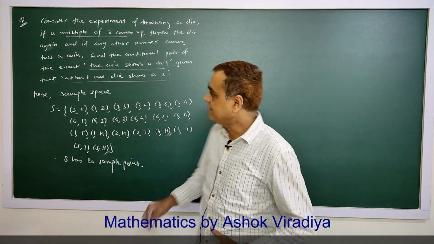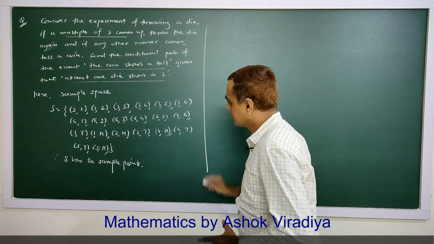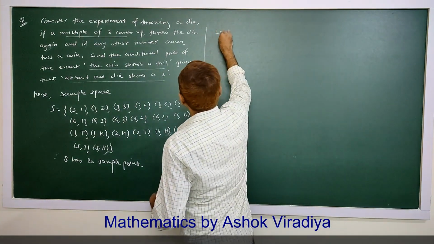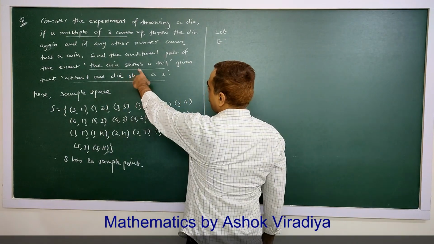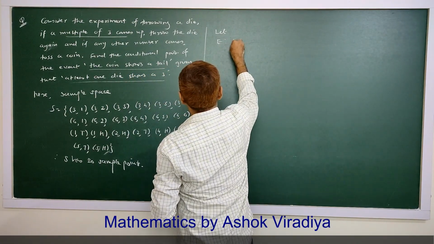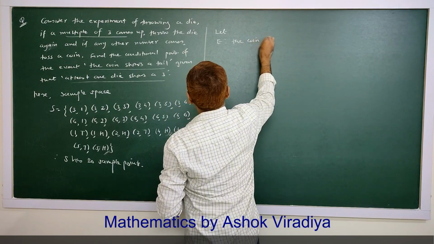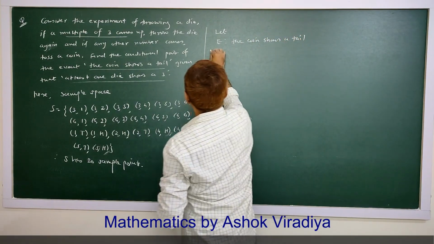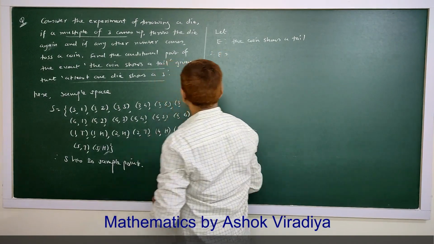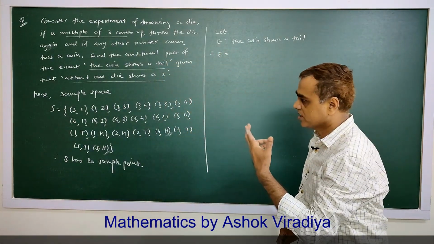Now we take events. Let E be the event that the coin shows a tail. So E is coin shows a tail.